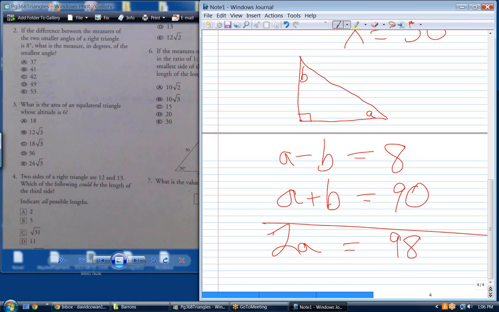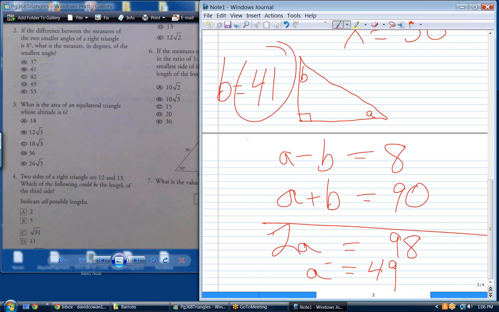In other words, this is solving by elimination. So A is equal to 49. What is B equal to? 41. Okay, and that's our answer.